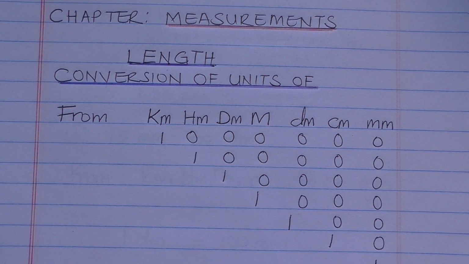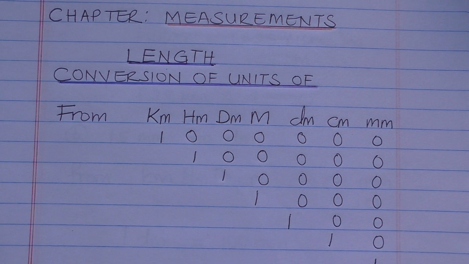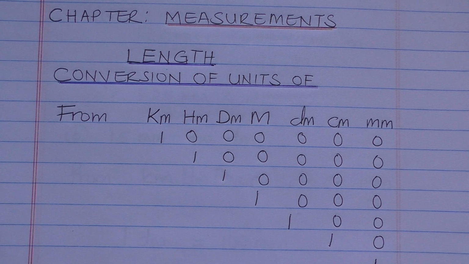When we talk about conversion, that's when we change from one unit to another. To start with is the definition of length. Length simply means the distance between two fixed points. Length is measured in meters as the SI unit, or the standard international unit of length.